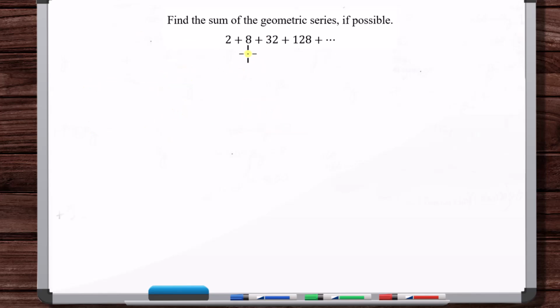Now the sum of the geometric series, if it says if possible, so think about what that means. Well, it's always possible, but for this one it might not be, because it's asking us to do the infinite sum. We talked about in previous videos, you can't find the infinite sum of an arithmetic sequence.